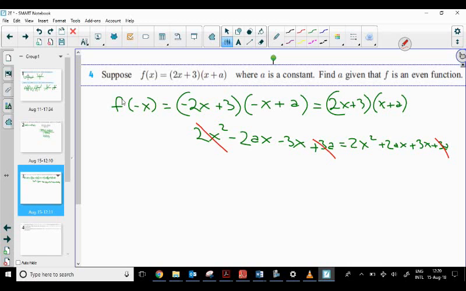Goodbye, goodbye, goodbye, goodbye. Combining like terms, moving everything to the same side, we're going to get 0 is equal to 4a plus 6 times x. I'm going to factor out the x from both of those terms, since a is a constant value.